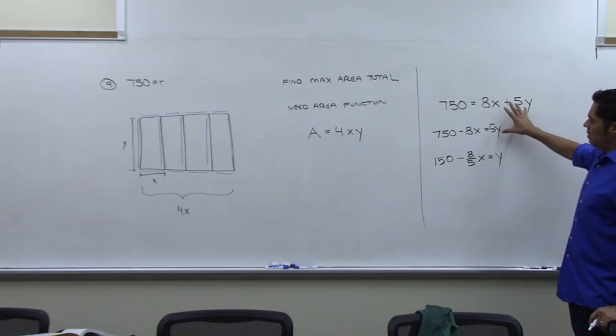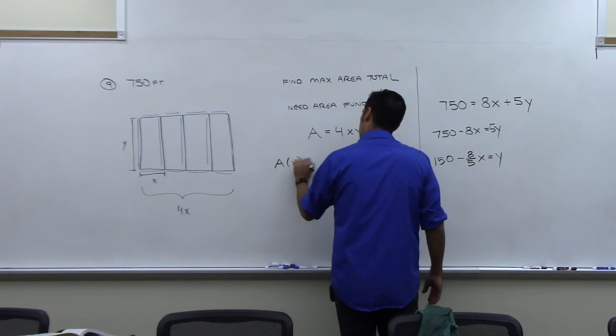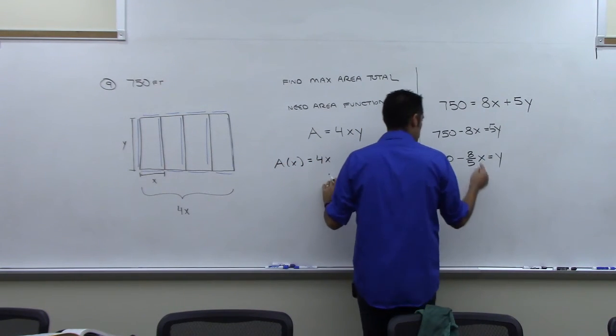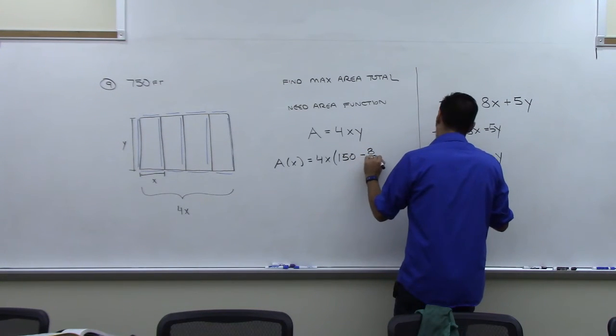All right, so that's y. This is my constraint, and that allows me to come back over here, and I can rewrite the area as a function of x: 4x times the quantity 150 minus 8/5 x.